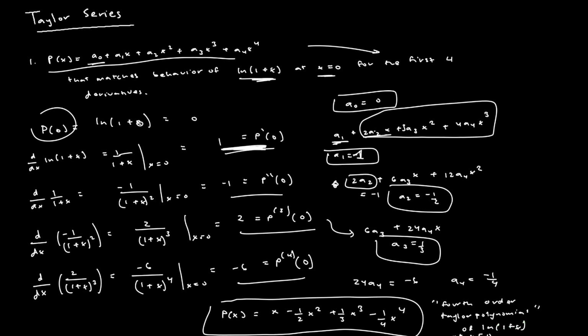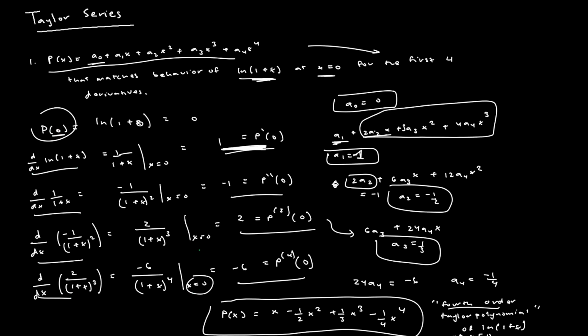So just trying to deconstruct all these terms. The fourth order just comes from the fact that our highest degree is x to the power of 4. And the fact that we were centered at x equals 0 meant that whenever we were calculating the derivatives of all our terms, we were plugging in the value of 0.